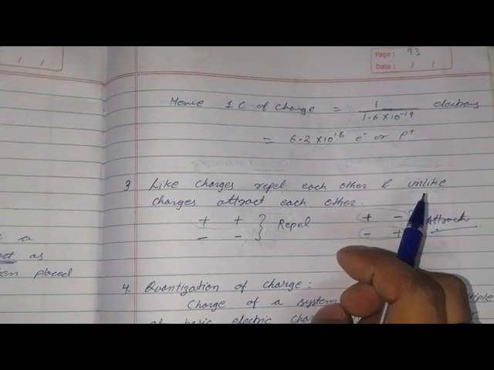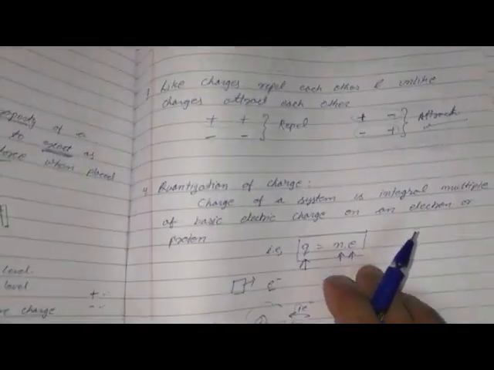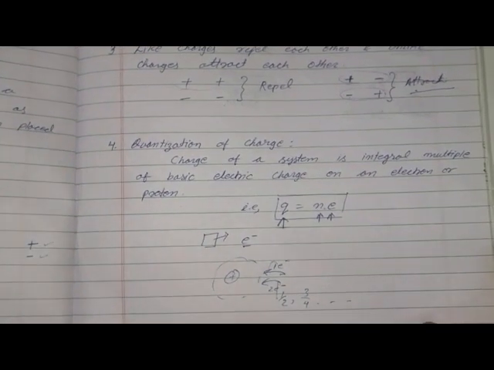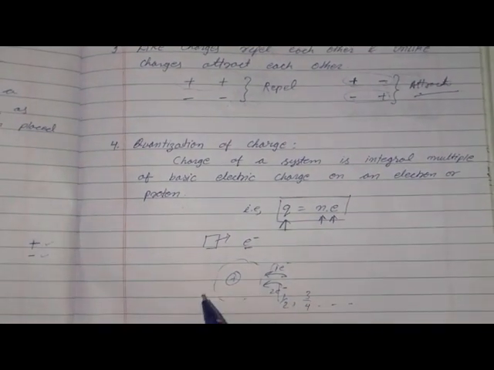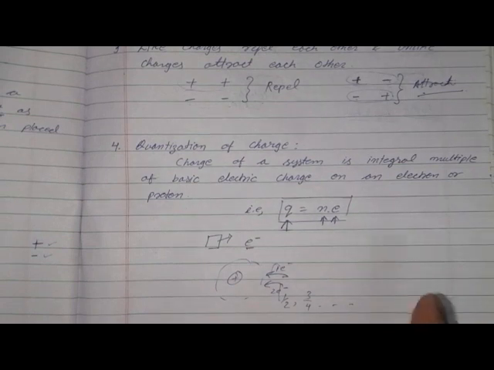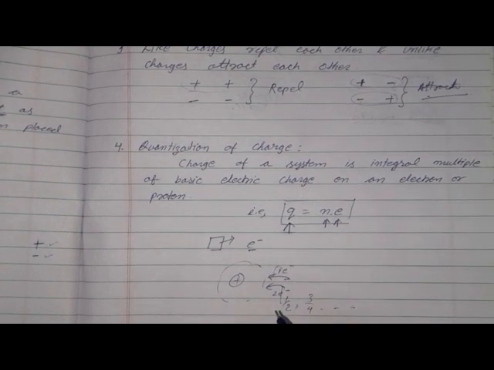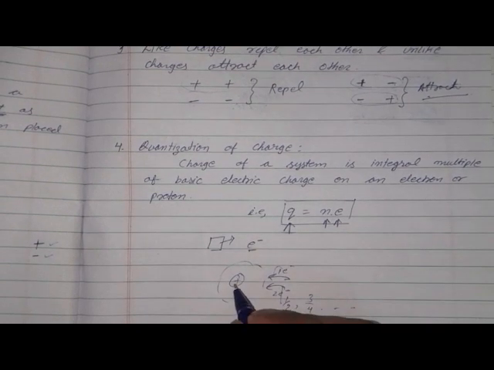Now the last point of today's class is quantization of charge. Understand, whenever a transfer of charge takes place, it will always take place in some integral number of electrons.